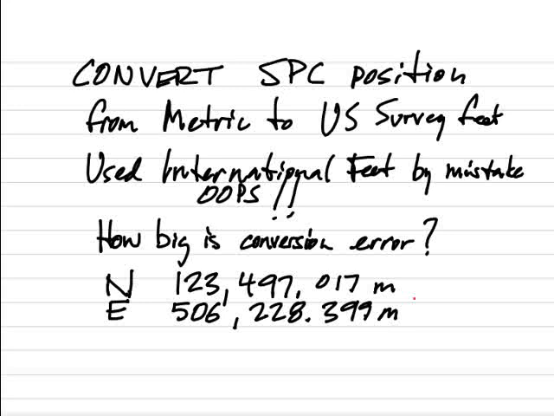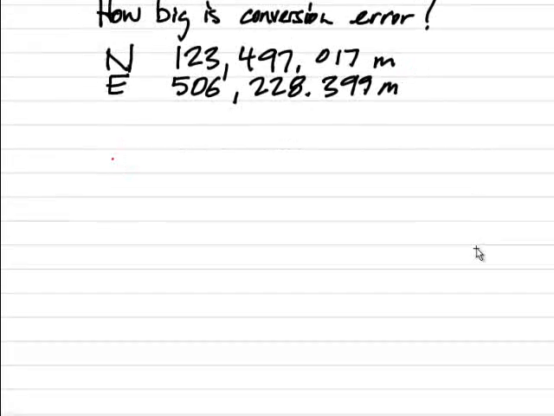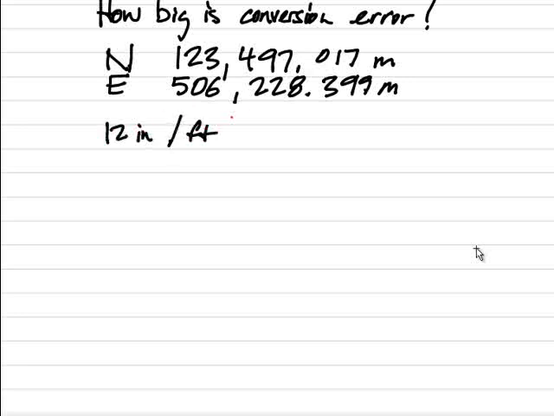Well, let's talk first about the relationship between U.S. survey feet and international feet. Let me see if I can get this to scroll down. Here we go. The two numbers to remember here are 12 inches per foot, and we're going to divide that by 39.37 inches per meter.